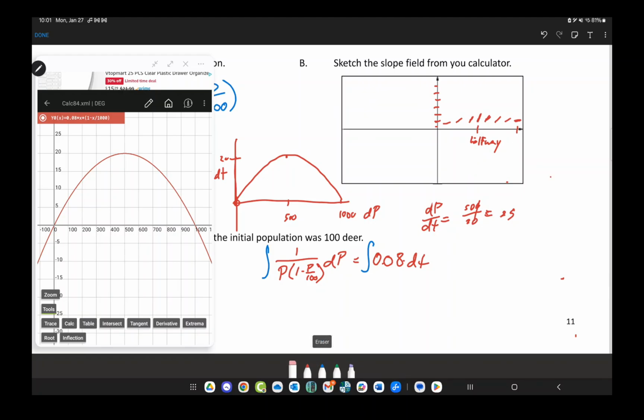Wait, wouldn't the line? This is what I mean: what we're doing here is creating the slope field of the actual function.